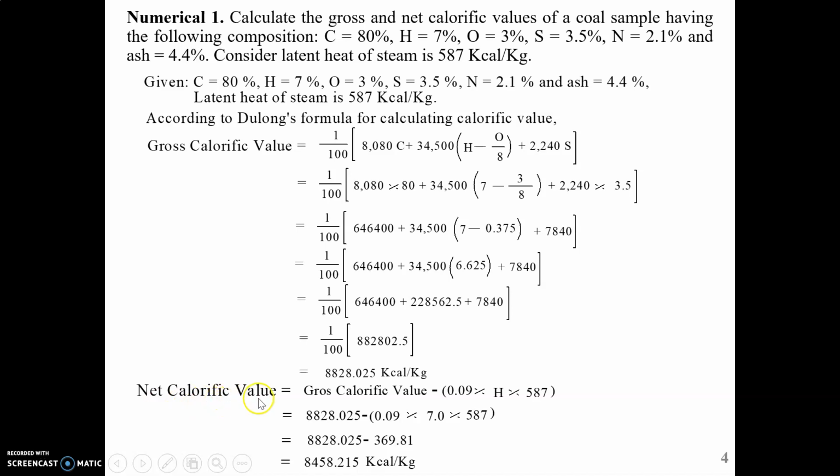Now, from gross calorific value, we have to calculate net calorific value by using the equation: net calorific value is equal to gross calorific value minus 0.09 × percentage of hydrogen × latent heat of steam, that is 587.